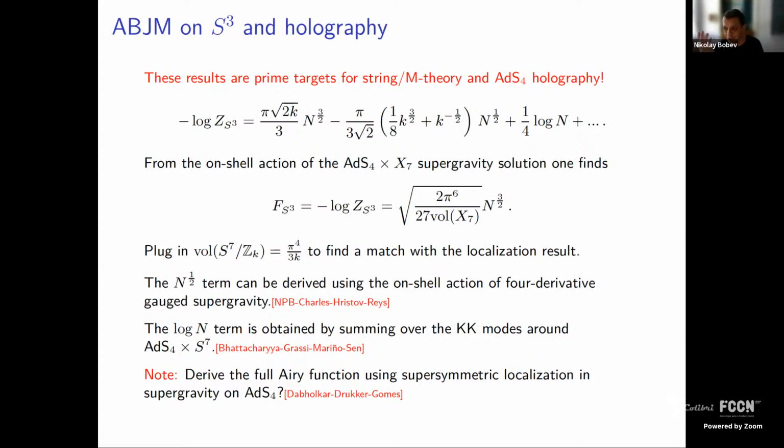What they should do, and don't do, is study 4-dimensional N equals 8 supergravity with all its fields, and then all the KK tower. They don't do that. They study 4-dimensional N equals 2 gravity, and somehow argue that the rest of the fields don't contribute, and then they have to fix some measure, and they fix it by hand.